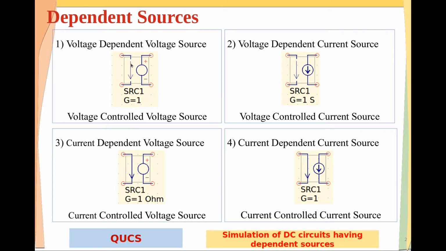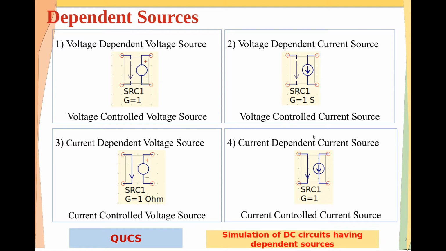Here, if we consider the first one, the voltage dependent voltage source, basically this is a voltage source, but the value of this voltage source depends upon the voltage across some element in a network. Whatever the voltage will be across that element, that is going to affect the value of this voltage source.